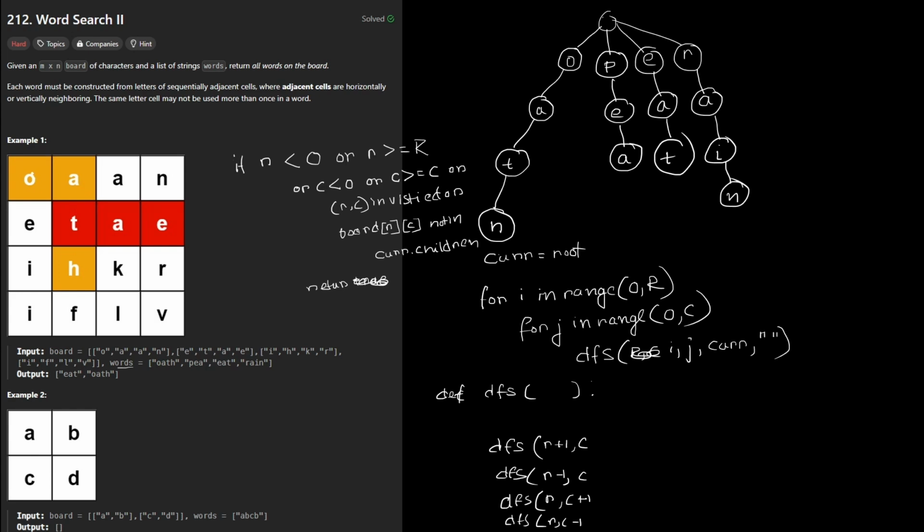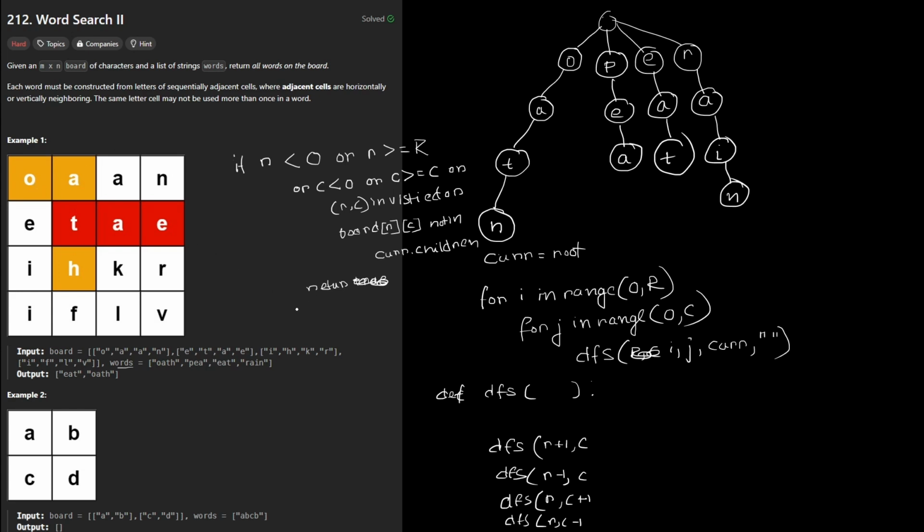In this case, if I add O, is this condition working? As of now the visited set is empty, so board of R and C is not in visited. And if I look into the tree node, it has children O, P, E, and R. So O is in our children.